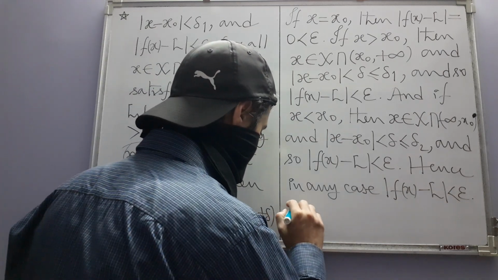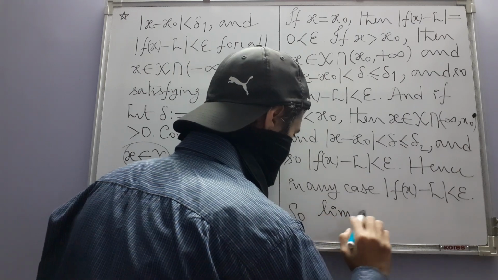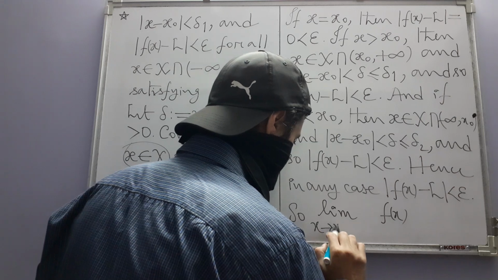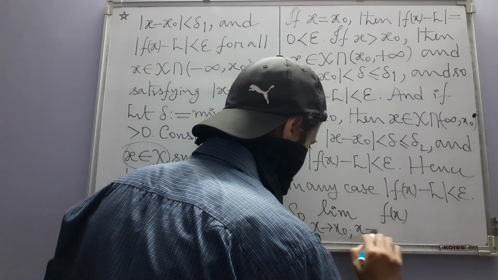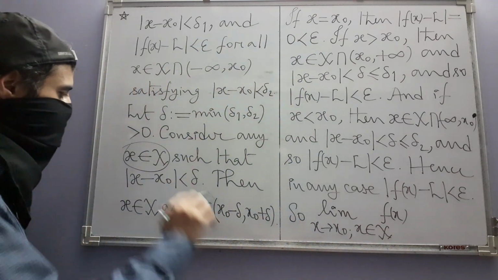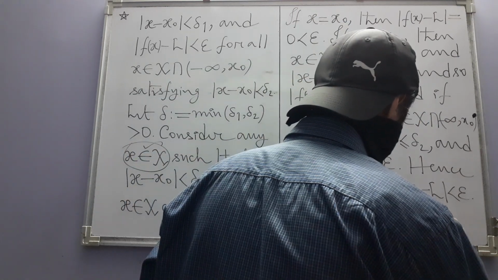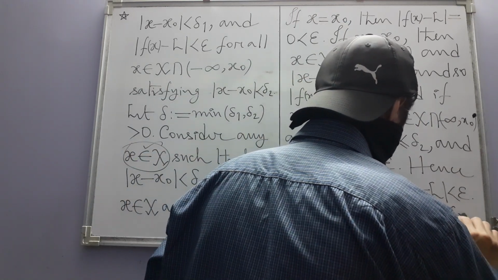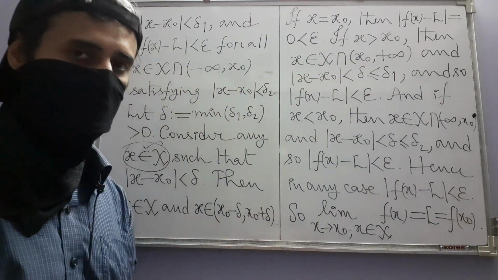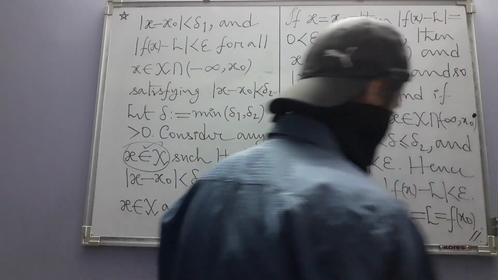Hence, the limit of f(x) as x tends to x naught in X, because we are choosing x from X, exists and is equal to L, and L is nothing but f(x naught), and that is why f is continuous at x naught, and that's where the proof ends.